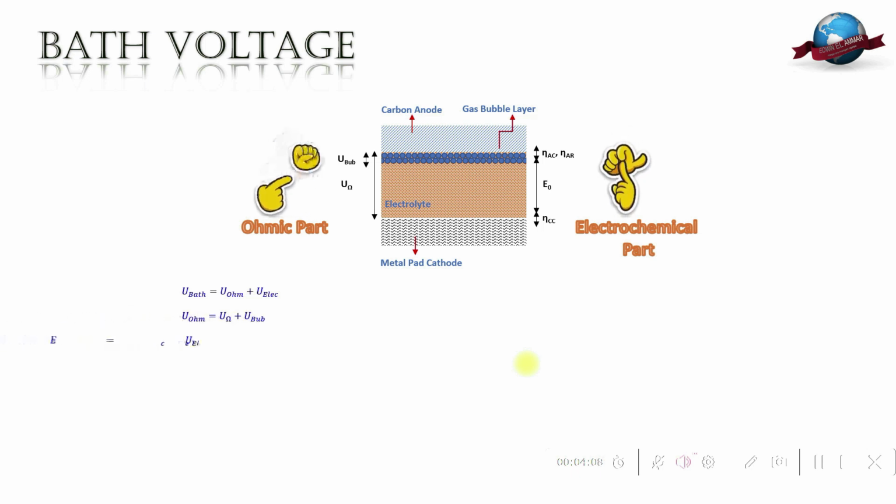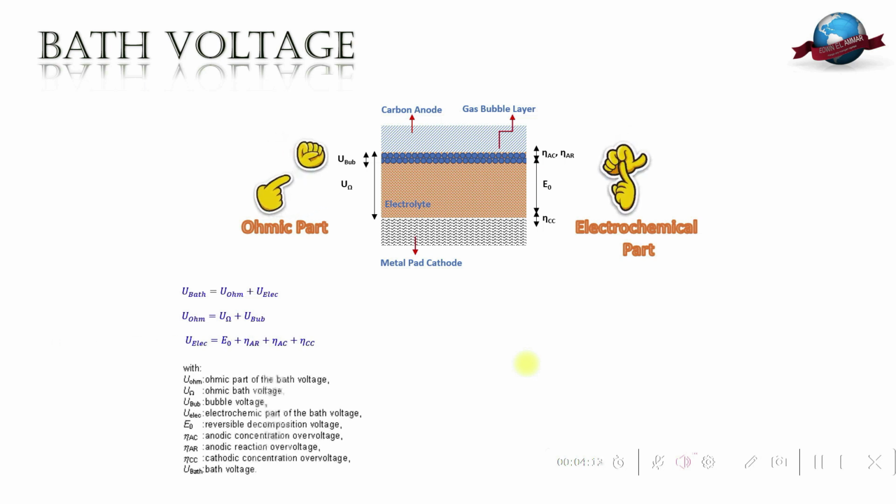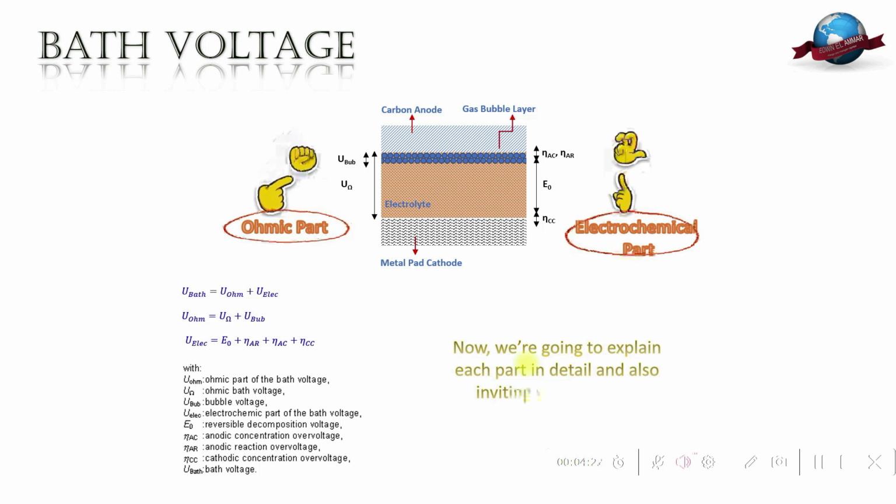Ohmic voltage consists of omega voltage, U omega, plus bubble voltage, U bub. Electrochemical voltage consists of reversible decomposition voltage, A null, plus anodic reaction overvoltage, eta AR, plus anodic concentration overvoltage, eta AC, plus cathodic concentration overvoltage, eta CC.